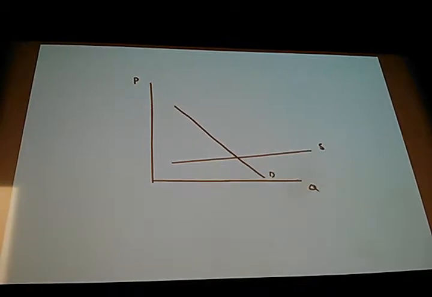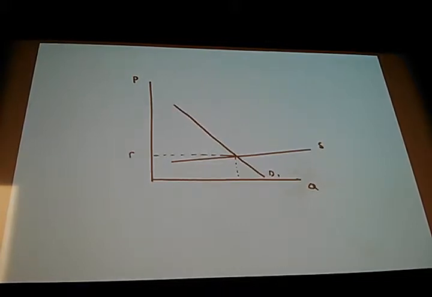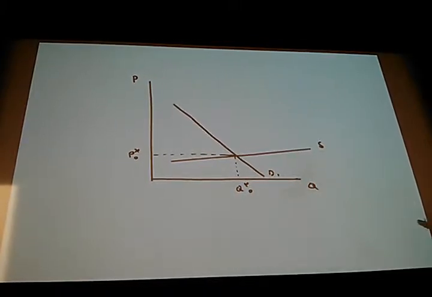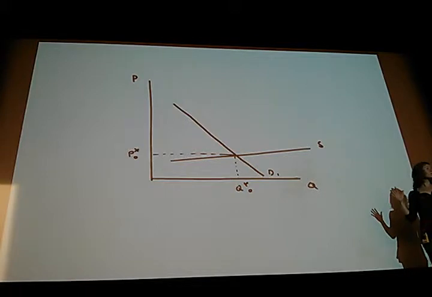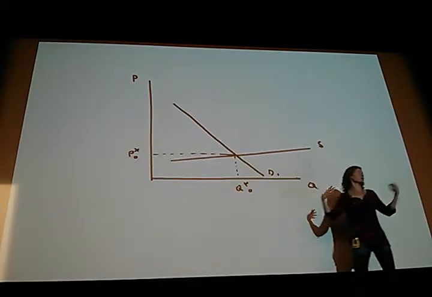Now, we have an initial equilibrium price and initial equilibrium quantity. And now let's suppose that we're doing the same thing that we did before. Let's suppose that the demand for video games increases because the price of these consoles drops.